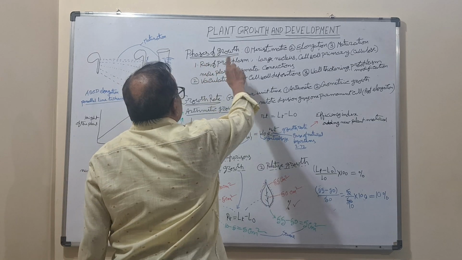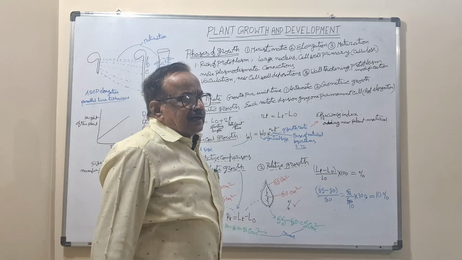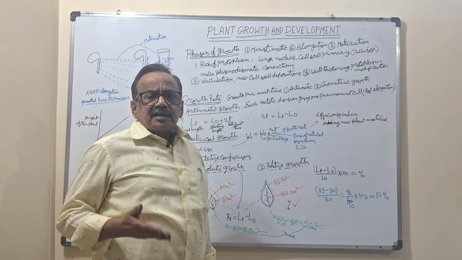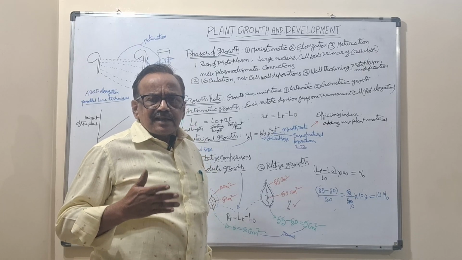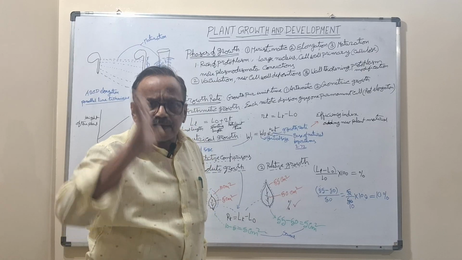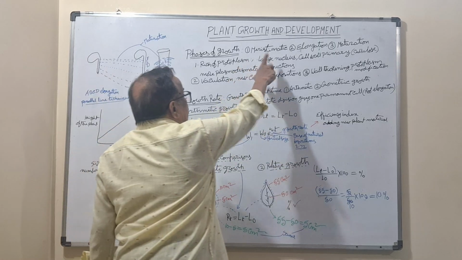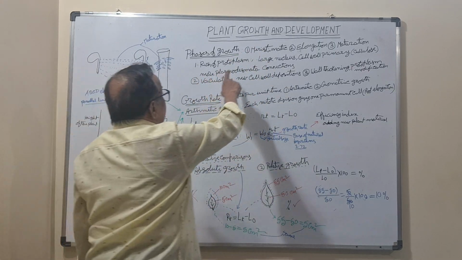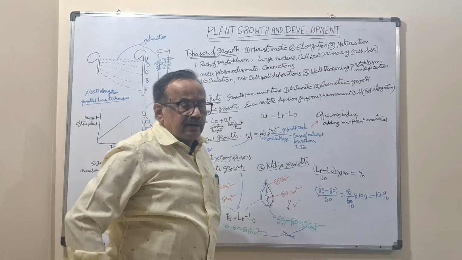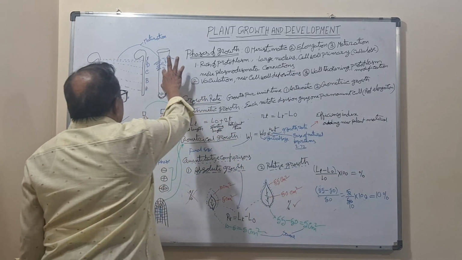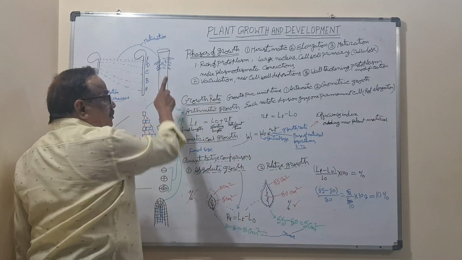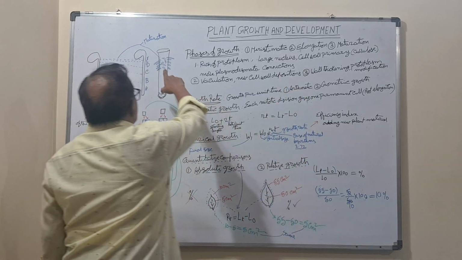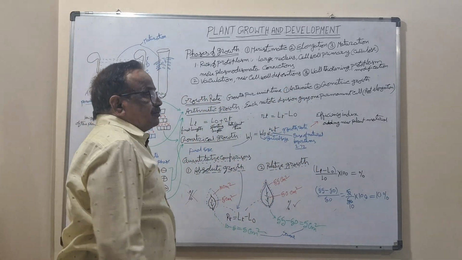Now, the phases of growth. Phases means here the meristematic, which we already discussed. Meristematic cells are cells with cell dividing capacity. So the meristematic zone is present, and next will be the elongation zone, which he has clearly given in the morphology also, and then the maturation zone.